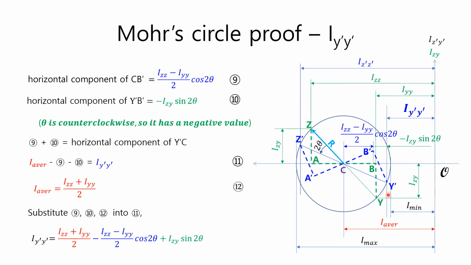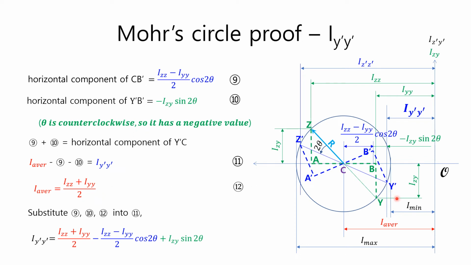This time, using the geometric properties of the Mohr circle, let's derive the equation for the second moment of area Iy prime of the rotated coordinate axis. The Iy prime we want to find equals I average minus the horizontal component of Cy prime, which is the sum of two horizontal components, the horizontal component of Cb prime and the horizontal component of B prime Y prime.